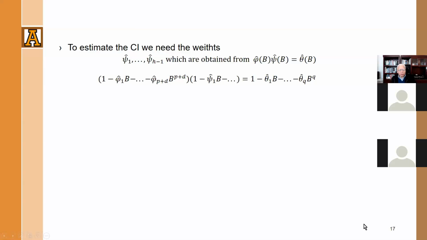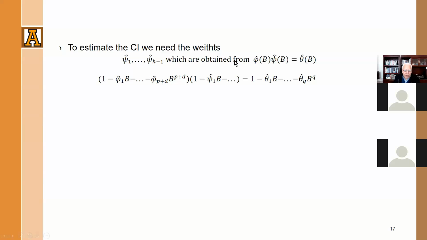Now, we do not know the psi weights, so we need to estimate them. The estimates of the psi weights come from the estimates of the autoregressive parameters and the moving average parameters. Because what we know is that phi hat of B times psi hat of B equals theta hat of B, which is the moving average polynomial replacing the parameters by their estimates.